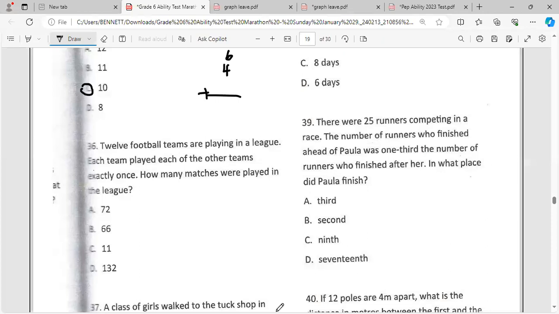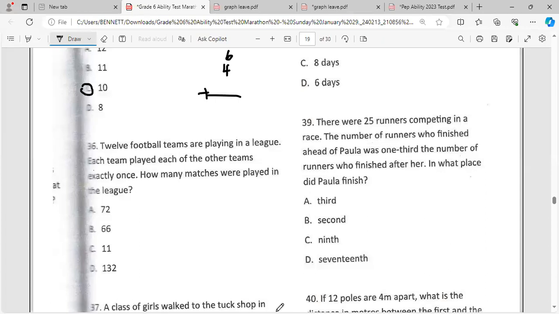Okay, you can share with us how you got it, please. Sir, it says 12 football teams are playing in a football league. Each team plays the other team once. So one team plays the other team one time, sir.